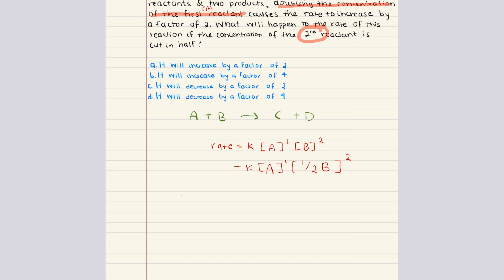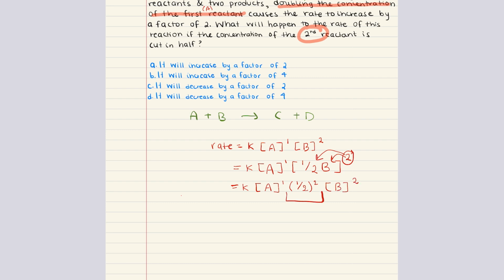Now, from this, we can begin to simplify the expression. How do we simplify this expression? Well, this squared goes to this term right here, the 1/2, and it goes to the B term as well. So we can expand this expression to K multiplied by the concentration of reactant A to the power of 1 multiplied by 1/2 squared multiplied by the concentration of B squared.